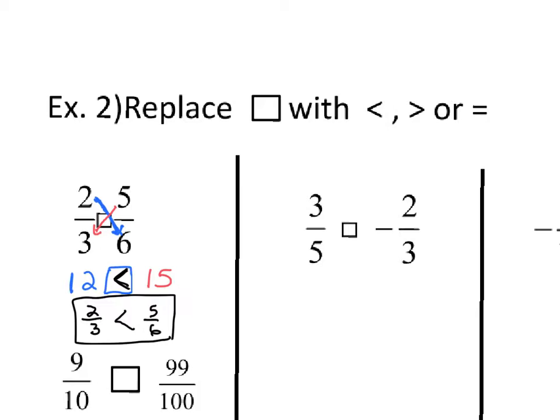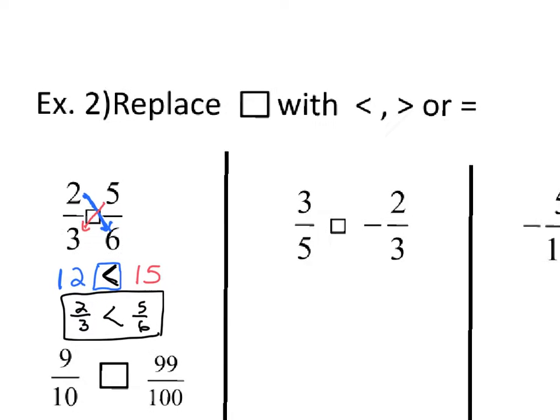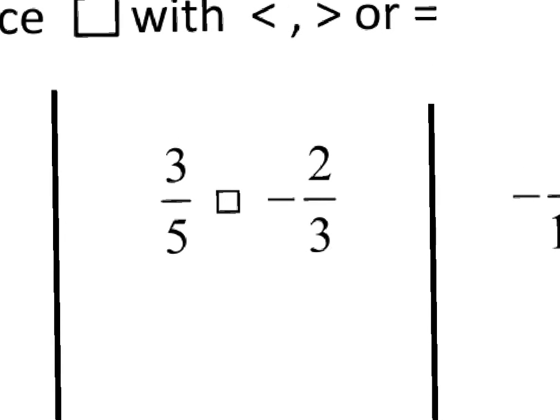Now, sometimes you don't even have to cross multiply, okay? If you look at these two fractions, notice that we do have a positive fraction. The first one doesn't have a negative on the left side, so this is positive. Now this fraction is negative. Let me circle that. It's a negative fraction. Positive numbers are always greater than negative numbers, and it doesn't matter if it's a fraction or a decimal.